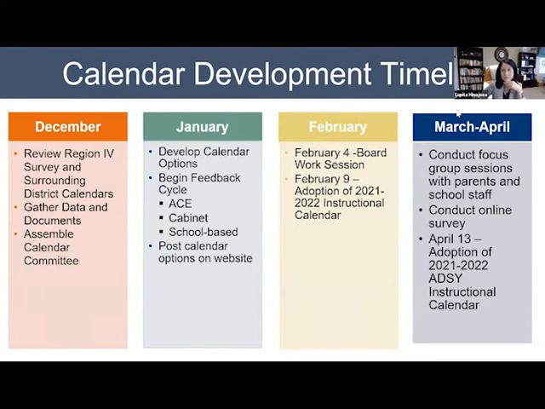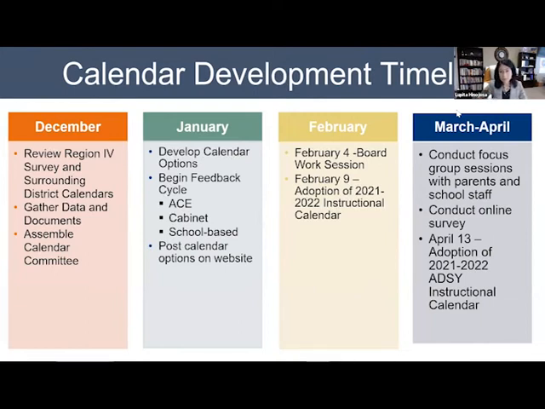It's made up of teachers, central office, community members, and parents. So that process started in December. While we were adopting the larger district calendar, we went on ahead and spoke about the ADSY calendar. We needed to know that while we were adopting this calendar, an ADSY calendar would follow in, and that is very important to the whole group discussion.